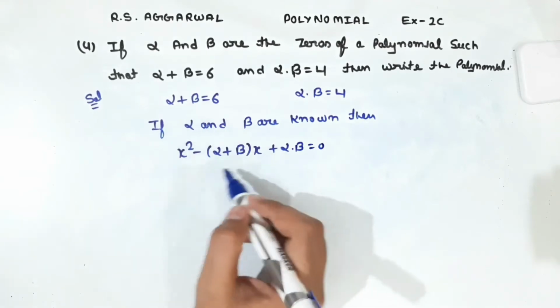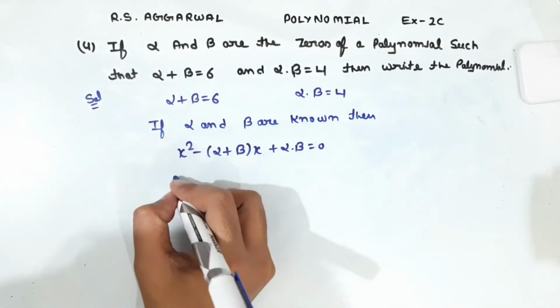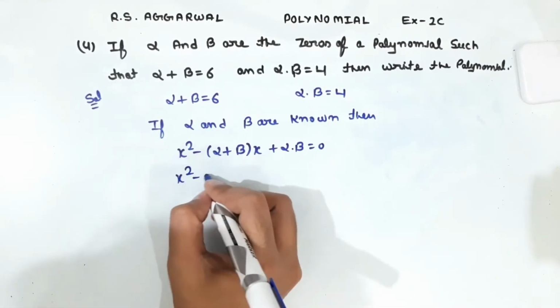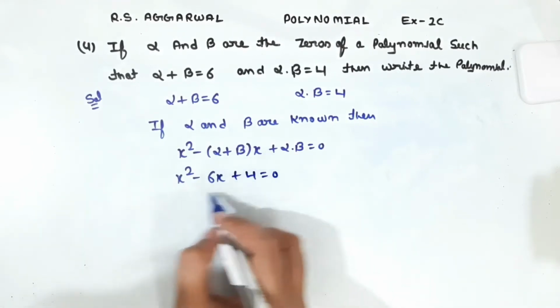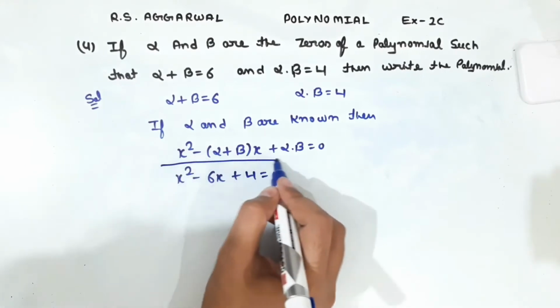So we have given alpha plus beta. Now putting the values, x square minus 6x plus 4 equals to 0. This is our polynomial.